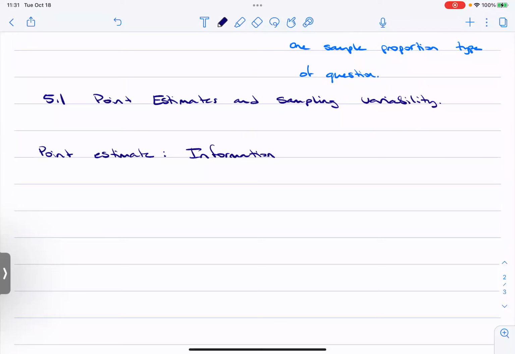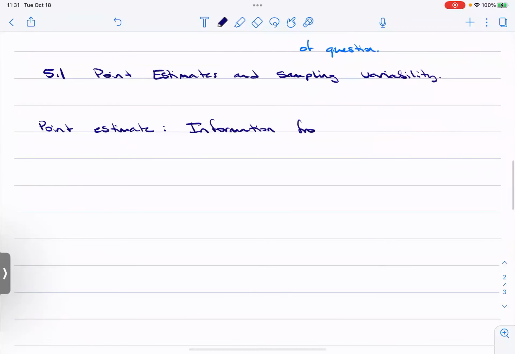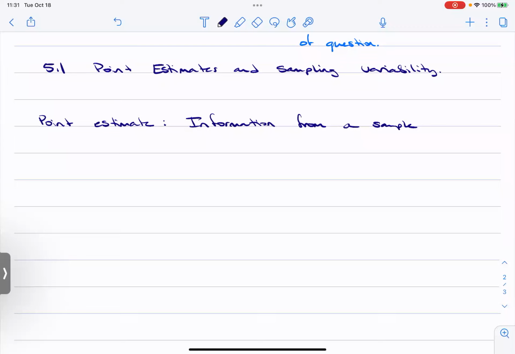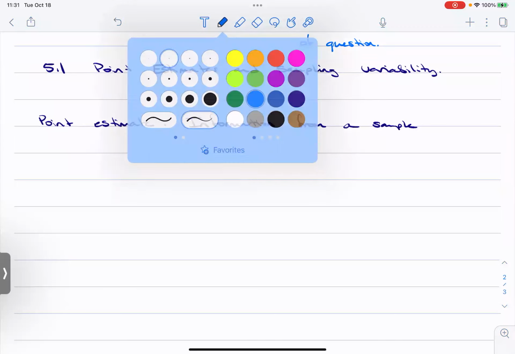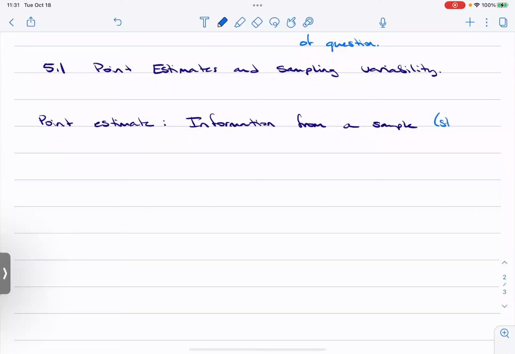So it's information from a sample. Remember, information from a sample is called a statistic.